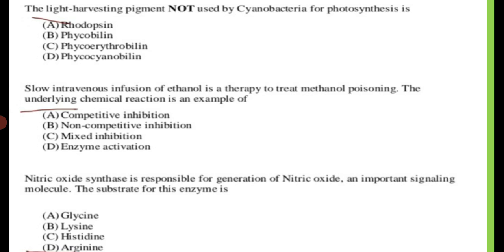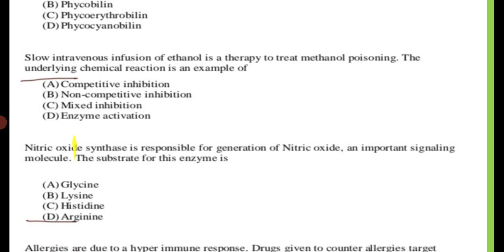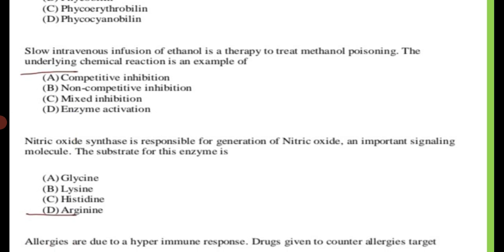The next question, nitric oxide synthase is responsible for the generation of nitric oxide, an important signaling molecule. This is a group, or a family, of enzymes, and these enzymes catalyze the reaction for the production of nitric oxide from the amino acid arginine.